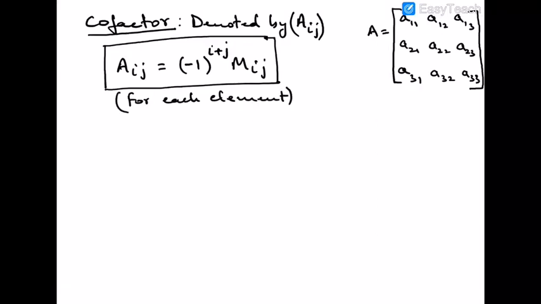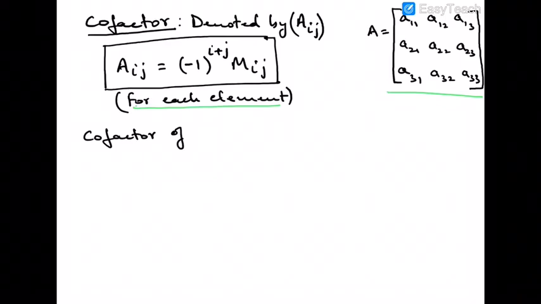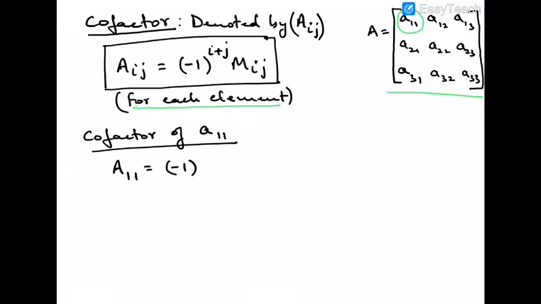For example, let's find out cofactor of the element a11, that is element in first row and first column. So here i is equal to 1 and j is equal to 1. So A11 will be minus 1 to the power 1 plus 1.